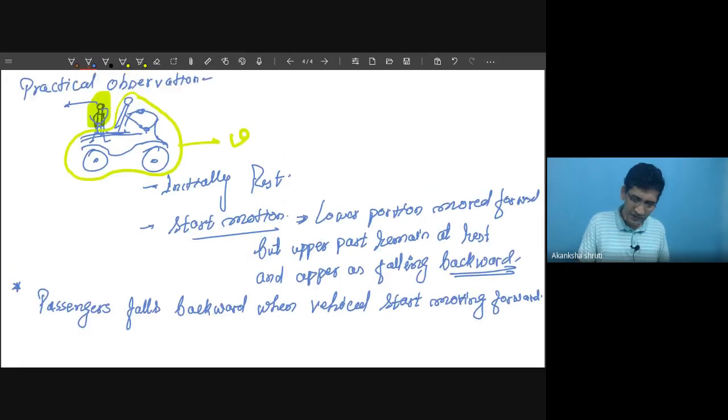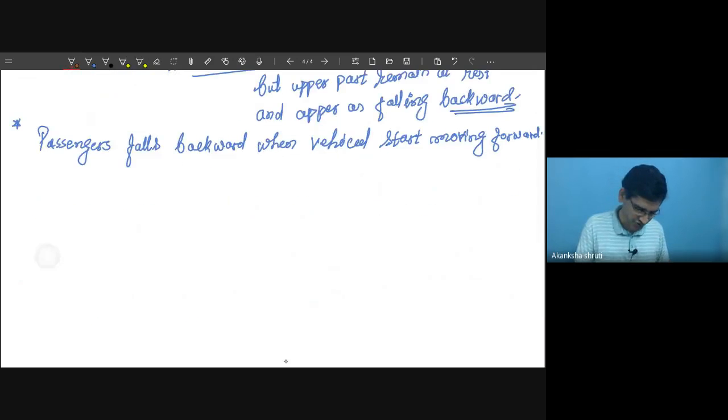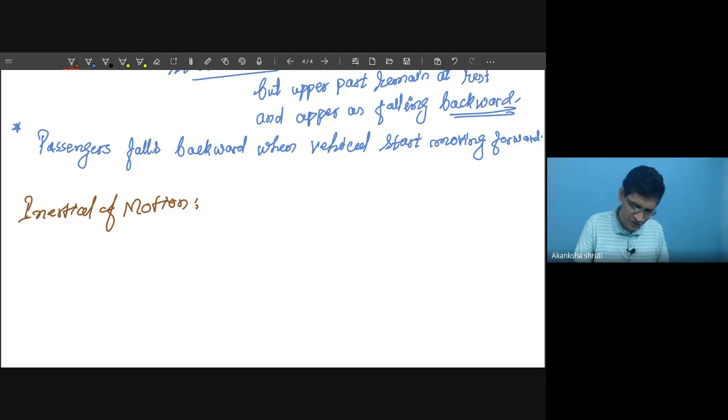Now we have to go for the other kind of inertia called inertia of motion. So write it. Inertia of motion. A student, this motion means the uniform motion. So the body is under uniform motion.